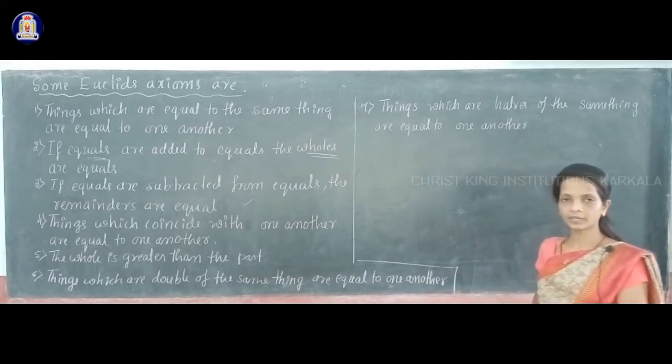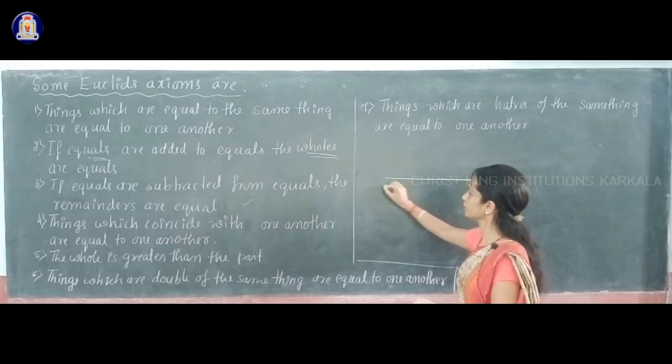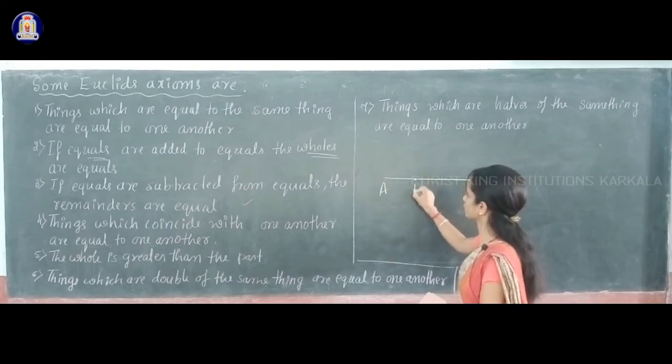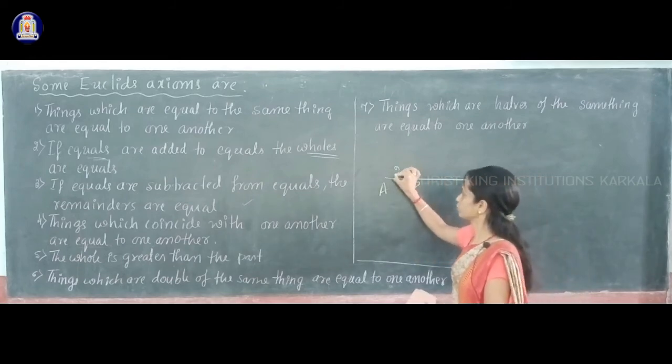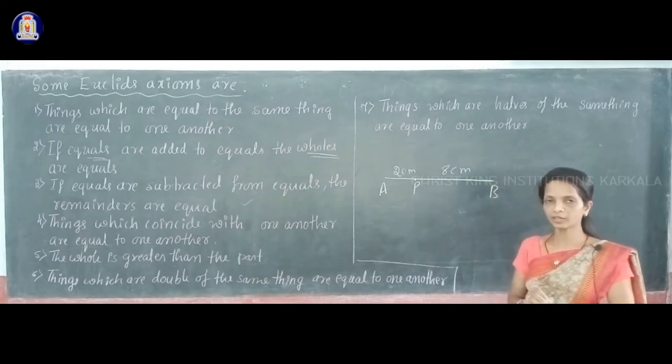The whole is greater than the part. To explain that, I'll take one line segment AB, and I'll take one point P on AB at a 2 centimeter distance from A, and PB is of length 8 centimeter.